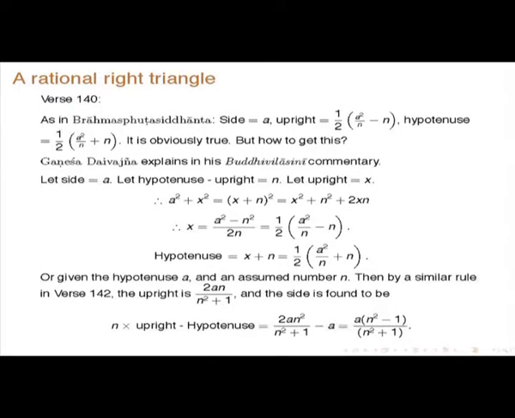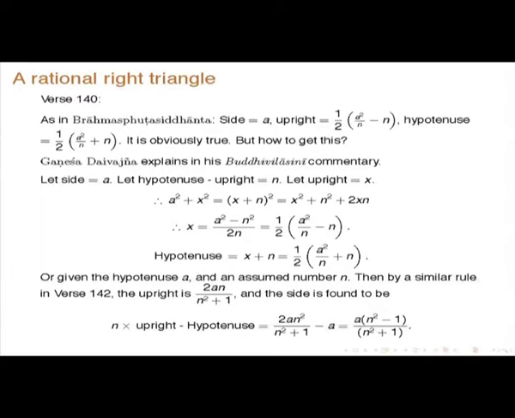Suppose the side is A, and let hypotenuse minus upright be n. Take the side to be A and the difference between the hypotenuse and the upright is n, and let the upright be x. Then obviously a squared plus x squared, where a is the side and upright is x, is the hypotenuse squared, and the hypotenuse is now upright plus n.